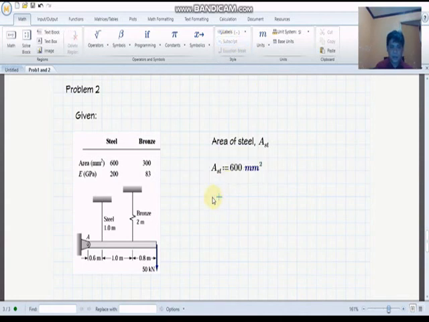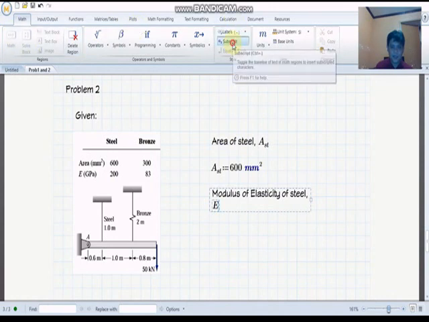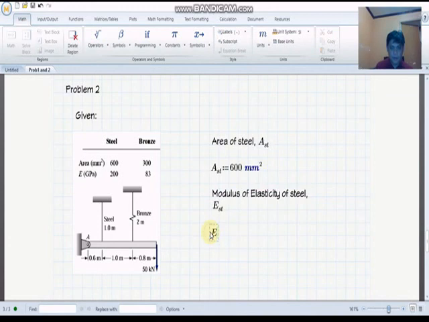And the modulus of elasticity of steel, let's call that E sub ST, is equal to 200 gigapascal.